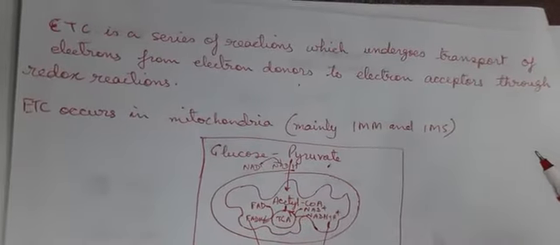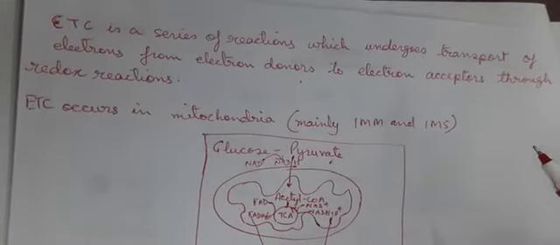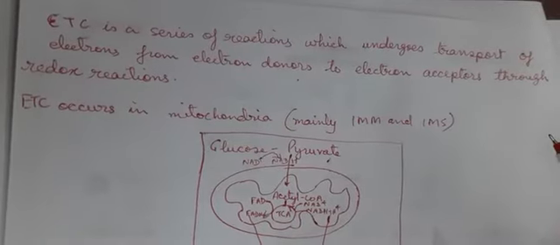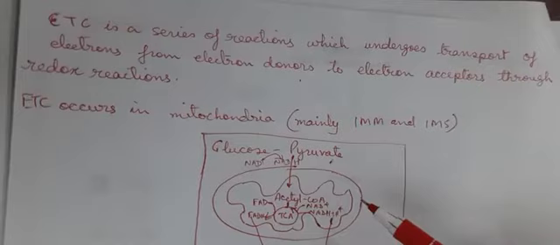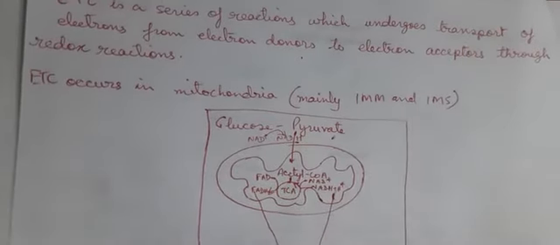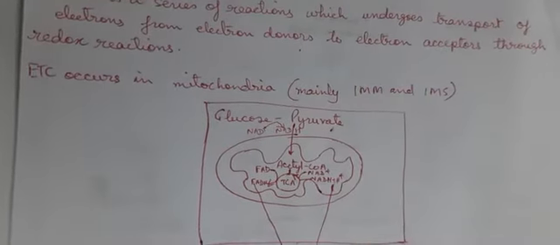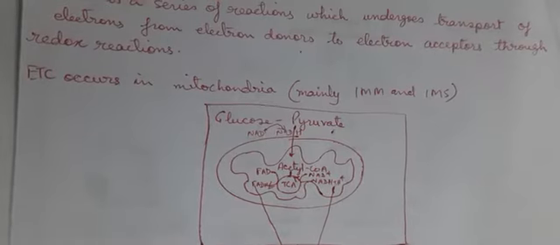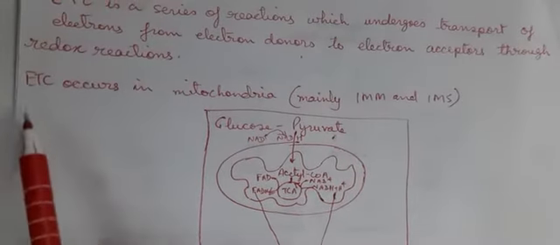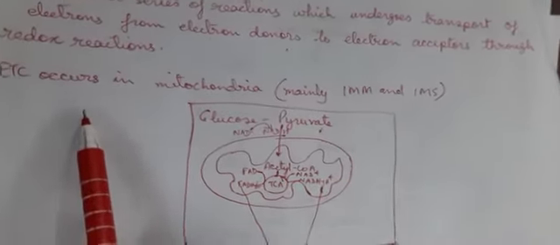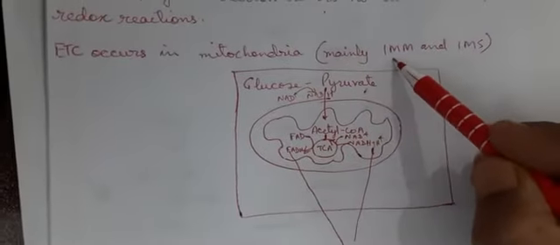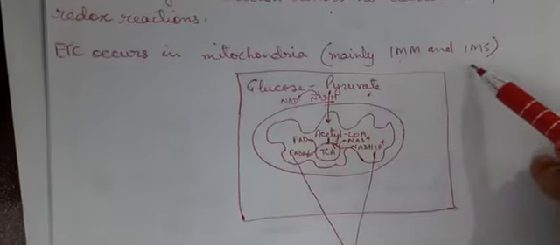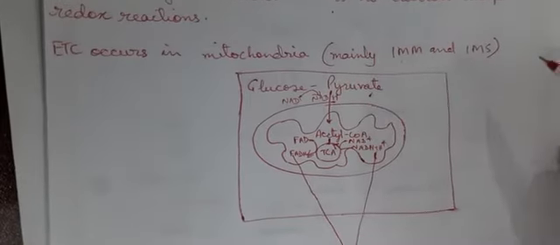Now, electron donors are synthesized in the process of Krebs cycle, that is NADH2 and FADH2, which we have seen when we studied the Krebs cycle in our previous session. Then the electron transport chain occurs in mitochondria, mainly in the inner mitochondrial membrane and inner mitochondrial space.